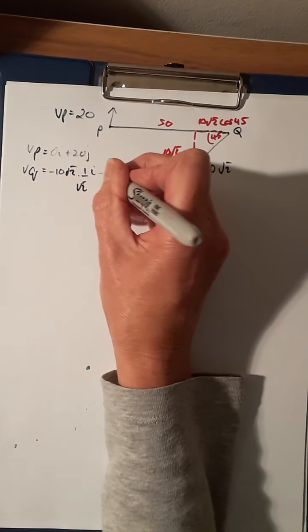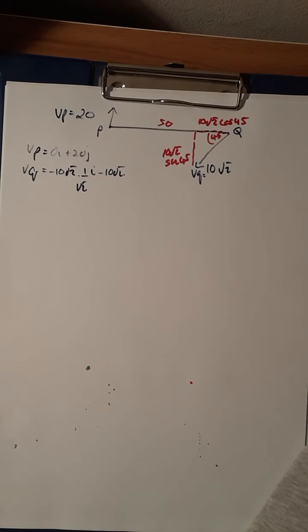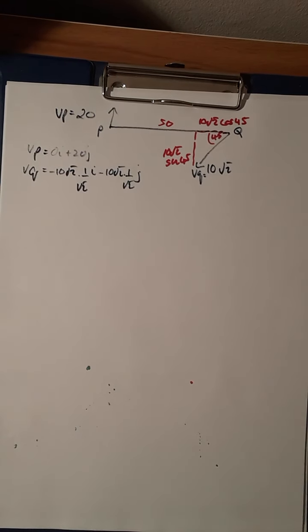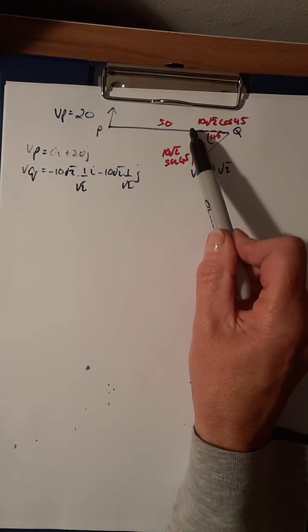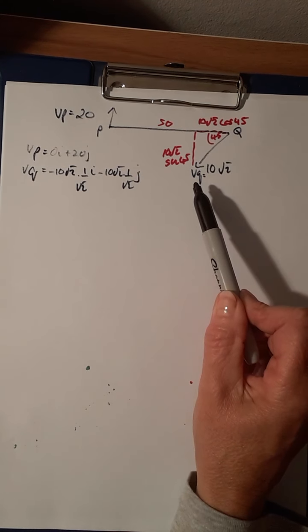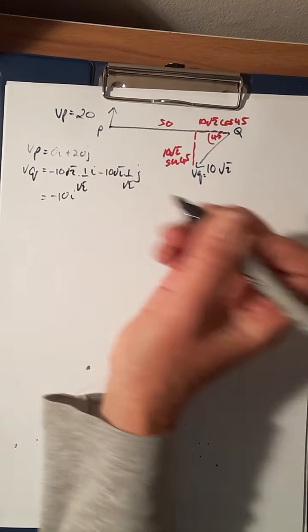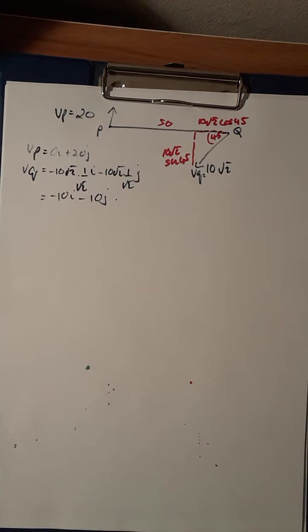So this is going to be minus 10 root 2, and again, the sine of 45 is 1 over root 2 in the J direction. So that vector is minus I minus J, because it's moving west and south. So this will become just minus 10I minus 10J. Okay, so that's the first part.